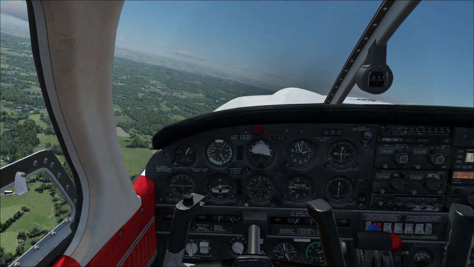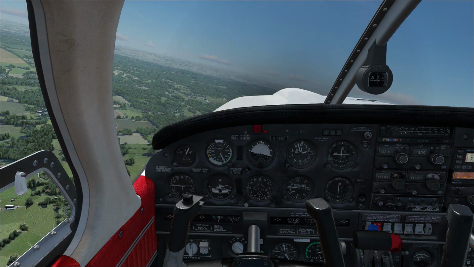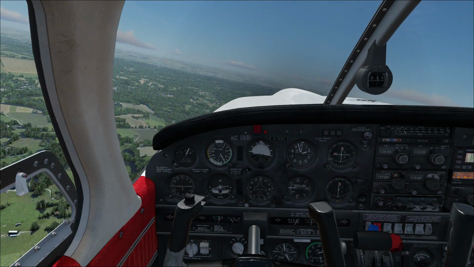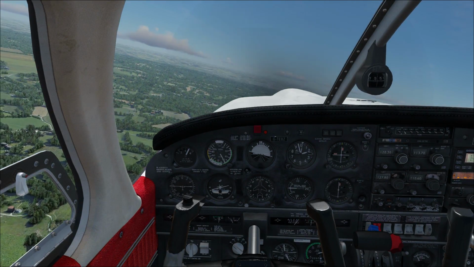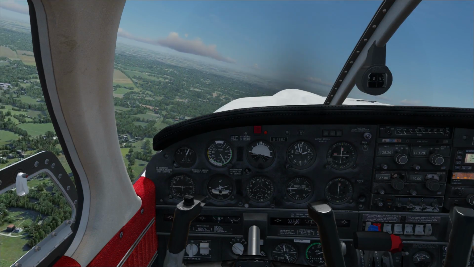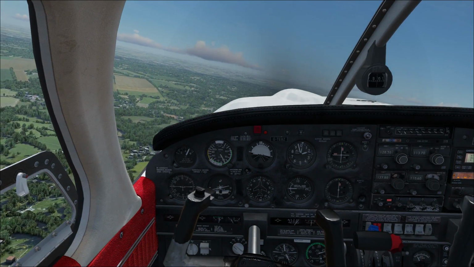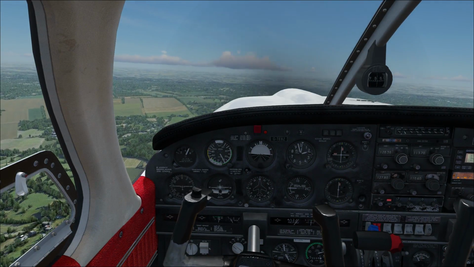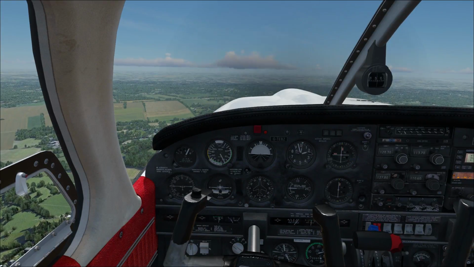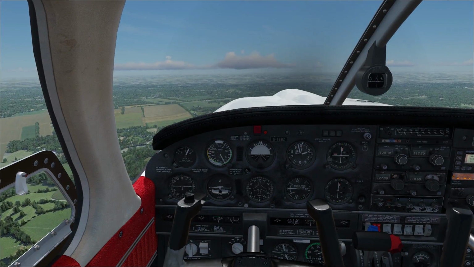So my turn coordinator and my horizontal situation indicator, because I'm not climbing, I'm not dropping. I'm keeping a nice smooth turn. And roll out. Very gently. And there we have it. I'm now on 180. Easy as pie.